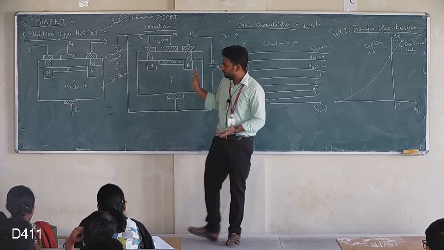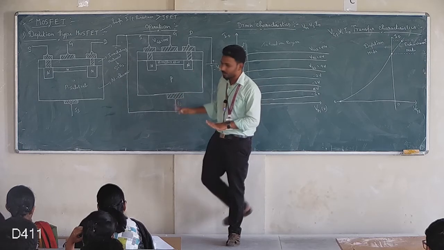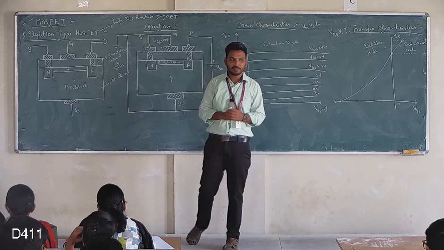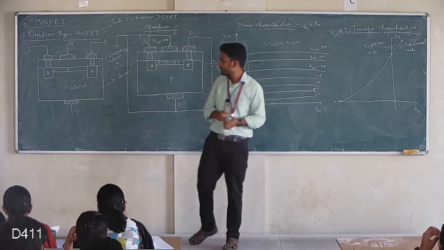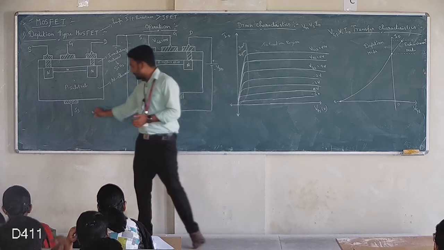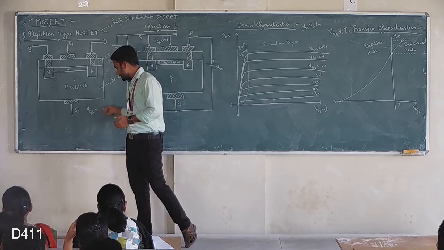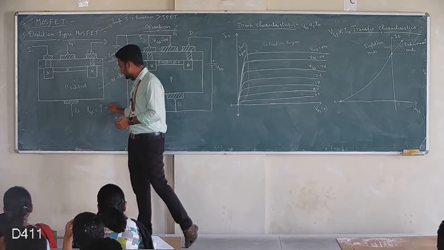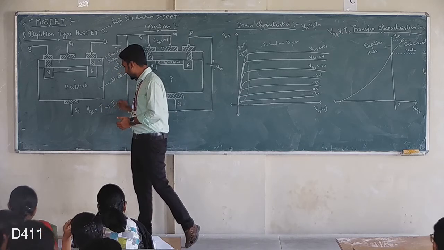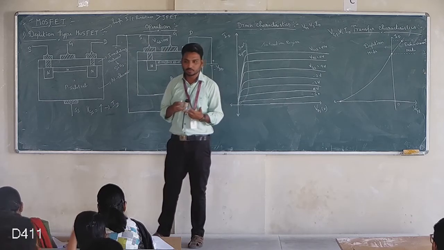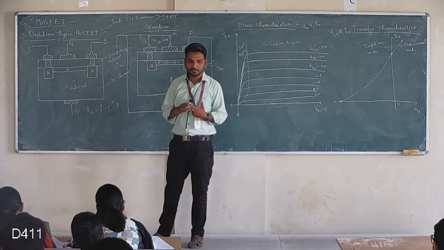The remaining operation is all the same. What is the basic principle of FET? VGS is the important thing which decides the ID. We are going to take the readings between VDS and ID.